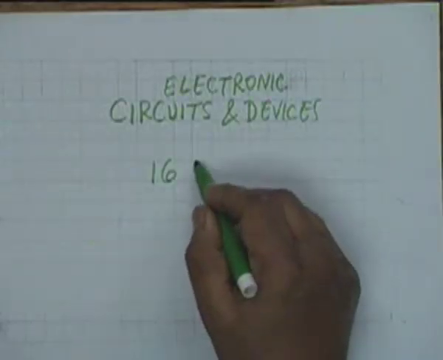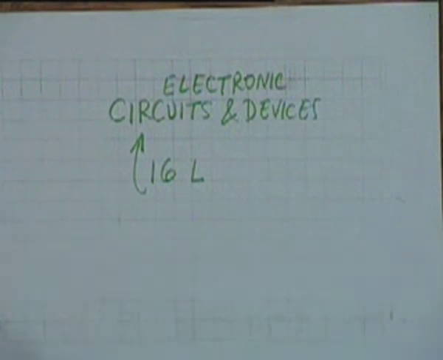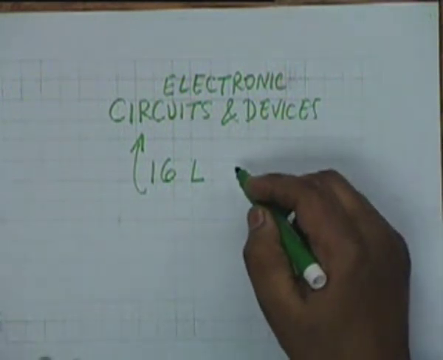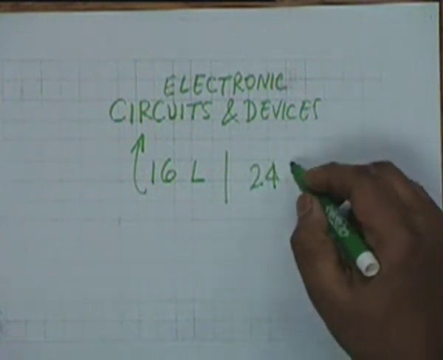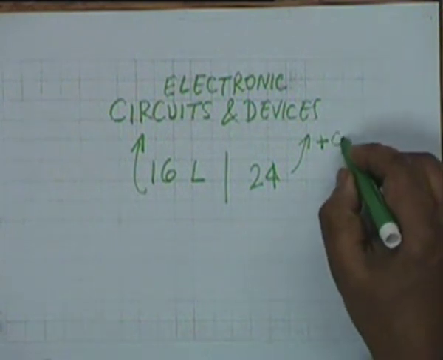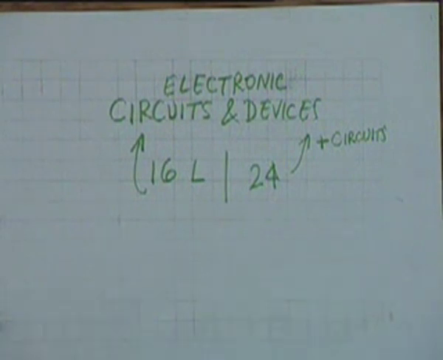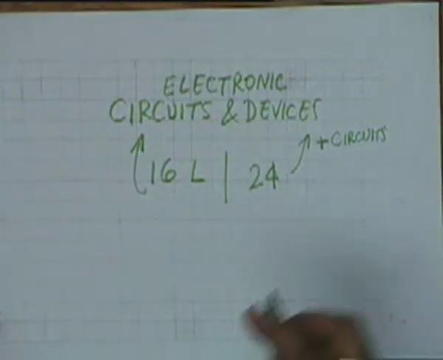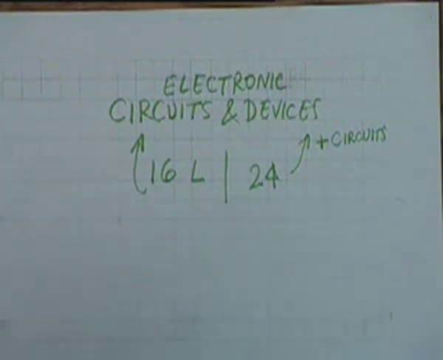About 16 lectures will be devoted to general circuits, and the rest, that is 24, to devices plus circuits containing electronic devices. This will be the general breakup, about 16 to general circuits and 24 to electronic devices plus circuits containing electronic devices.